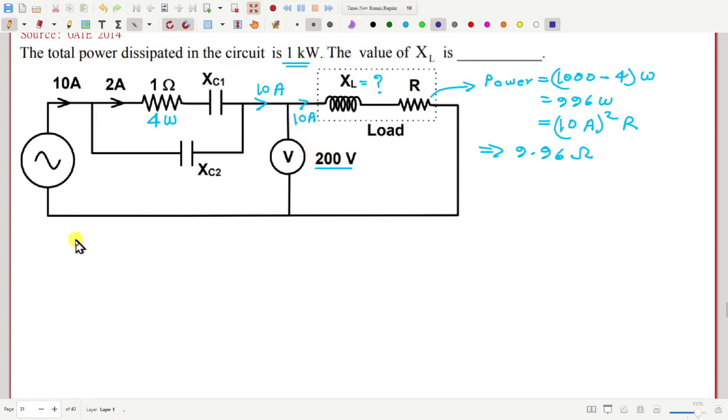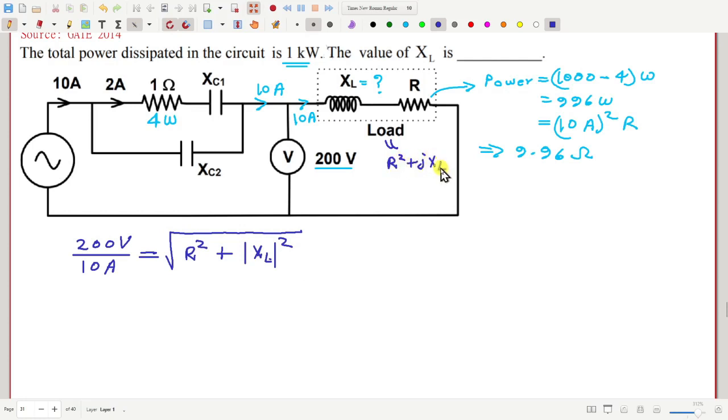So now we can write that this potential difference 200 volt divided by the current 10 ampere should be equal to the magnitude of this impedance R and XL. So that will be the square root of R squared plus mod XL squared, because these two together are R plus JXL, and the J is already taken care of inside XL.